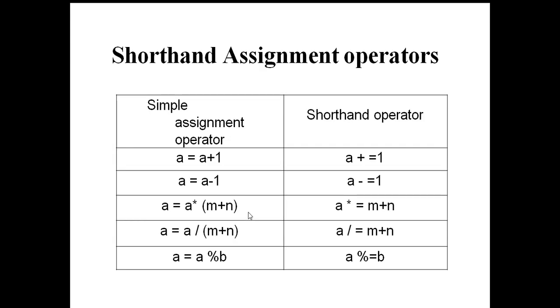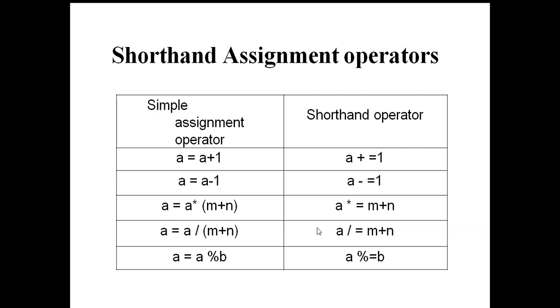The table in this slide will demonstrate the different shorthand assignment operators. The simple assignment a equal to a plus 1 has the shorthand operator a plus equal to 1. We have a equal to a minus 1, which is a minus equal to 1, and a equal to a into m plus n, which is the same as a star equal to m plus n. So a is multiplied with the result of m plus n and assigned back to a.